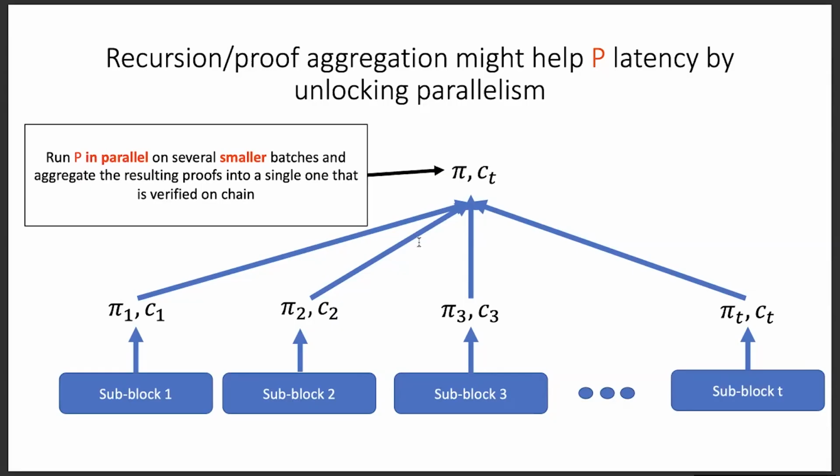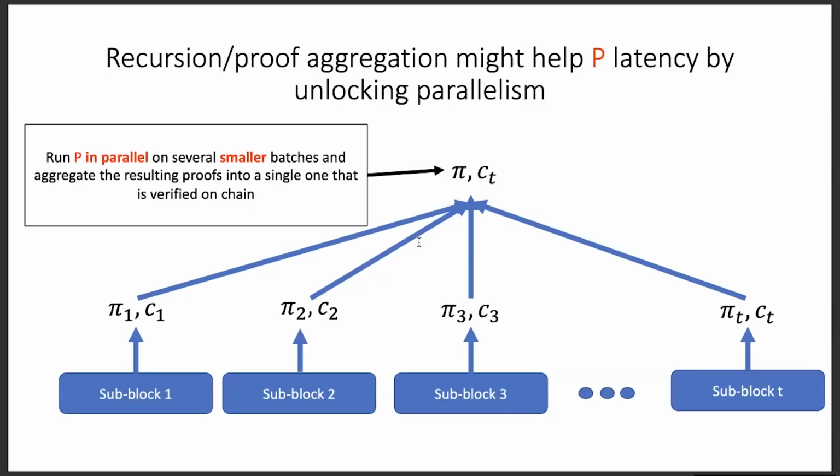Now you have one proof for each small batch, but you don't want to post all of those proofs to L1 because your gas cost savings will be poor. So you recursively apply the SNARK to aggregate all of these proofs into one small proof.